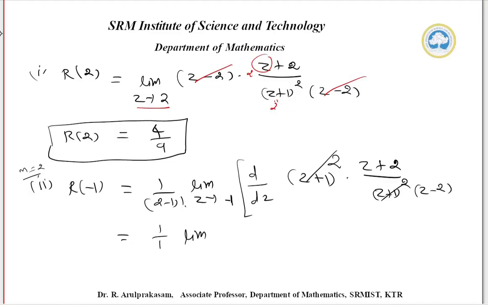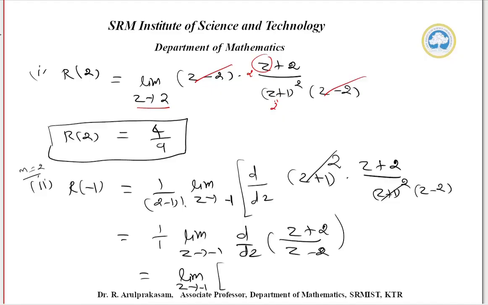So limit z tends to minus 1 of d divided by dz of (z plus 2) divided by (z minus 2). What is the meaning? It is one time differentiation and then substituting the limit value. What is the differentiation? By the u by v formula, the denominator is v square, (z minus 2) whole square, and then v into u dash.